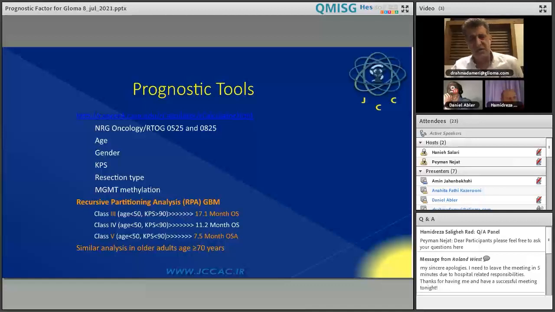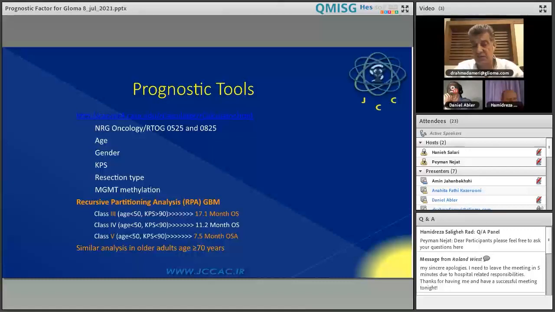Several studies try to bring together some clinical variables and define the patient prognosis and overall survival. One of them, as I've told before, is a calculator for cancer that I found recently on the web. It is based on two studies from RTOG.